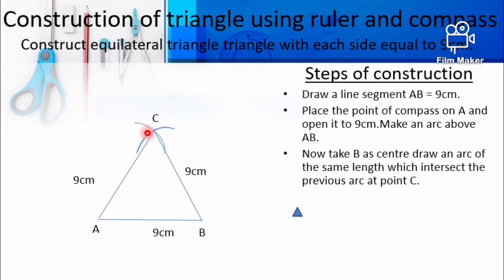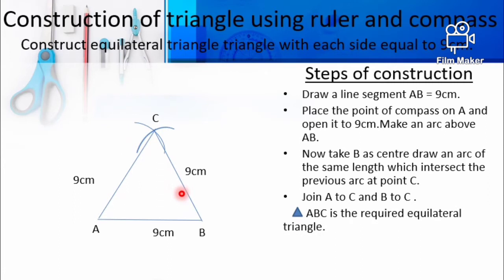The third point, now take B as a center, draw an arc of the same length, means the 9 centimeter, which intersects the previous arc at point C. This is the second arc of 9 centimeter which cuts the previous arc at point C. Now the fourth point is join A to C and B to C. When we join A to C and B to C, we will get triangle ABC, which is the required equilateral triangle.